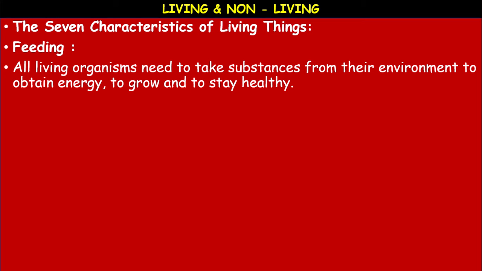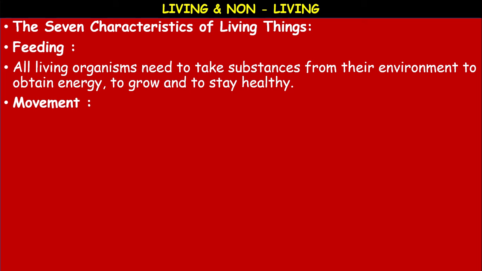So in order to obtain energy, and in order to grow and to stay healthy, every living organism has to feed. Food is required. Where is the energy produced from? The energy is produced from the food which we eat, which the living organism consumes, isn't it?